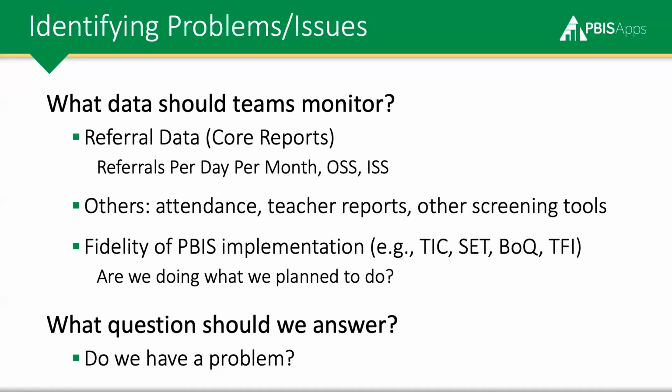It's going to be pretty much all about the Tiered Fidelity Inventory, going through those items, having a good, clear understanding of that inventory, which is absolutely key. One of the big ones we encourage in the Midwest region in our network for our teams to take is the Tiered Fidelity Inventory. Then we have just a couple of examples of schools and how they did some problem solving around that. So that's all this afternoon. If you're going to be on, it's all going to be about the TFI.